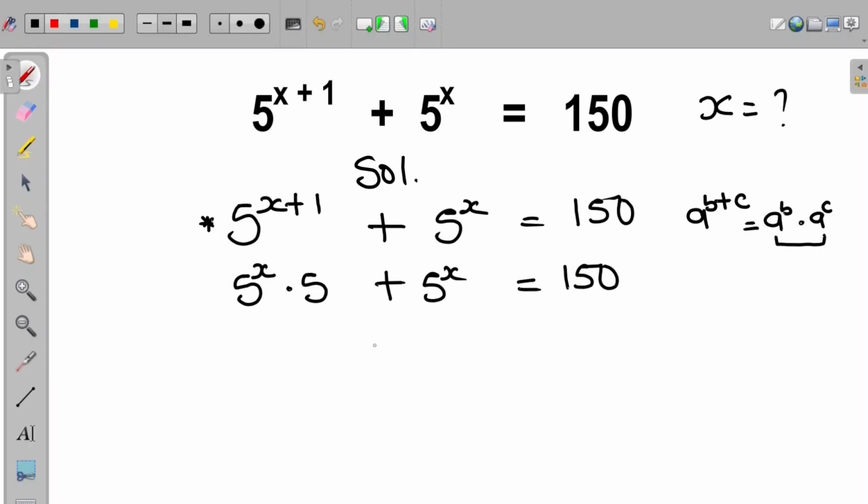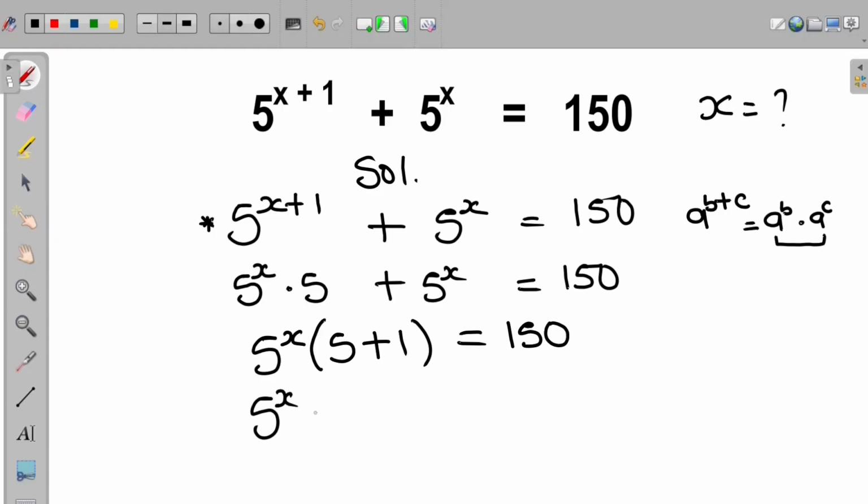150. At this point, we can factorize 5 raised to the power of x. So we have that 5 raised to the power of x, open up the bracket, 5 plus 1 is equal to 150. And the equation will reduce to 5 raised to the power of x multiplied by 6 equal to 150.